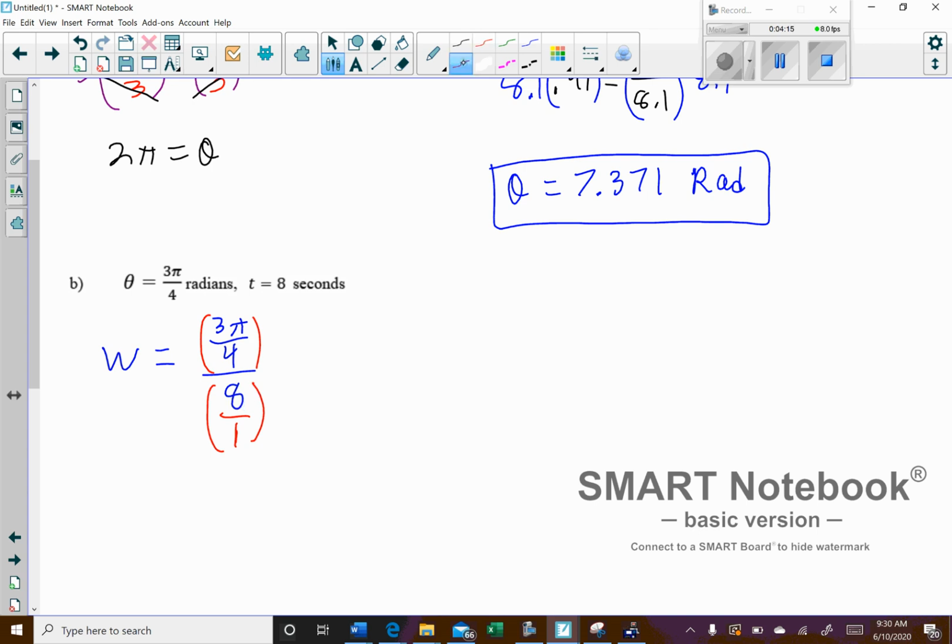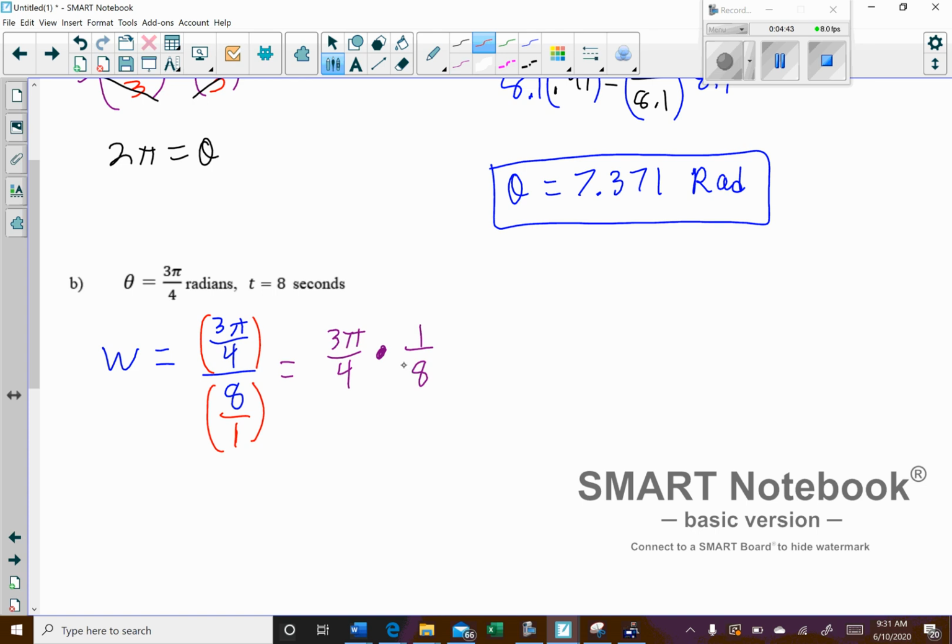So we're going to do this little thing called KCF, where we keep the first one, then we change the division to multiplication, and then we flip the last one to 1 over 8. So keep, change it to multiplication, then flip it.